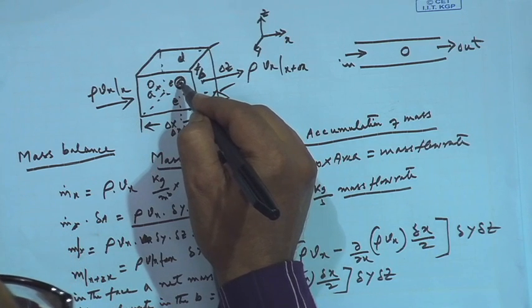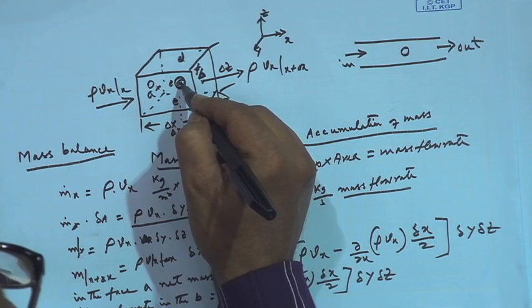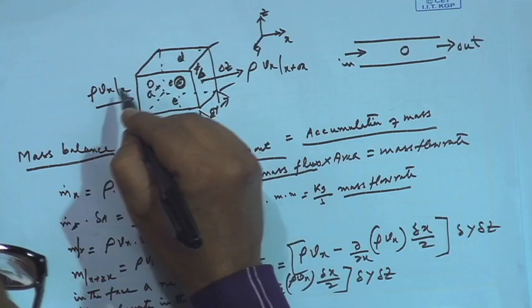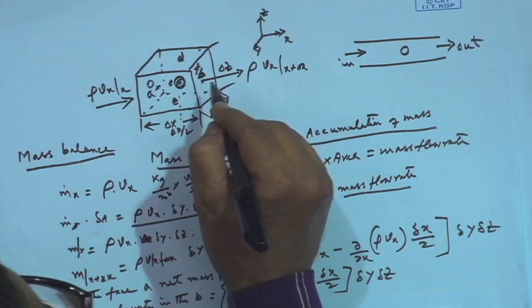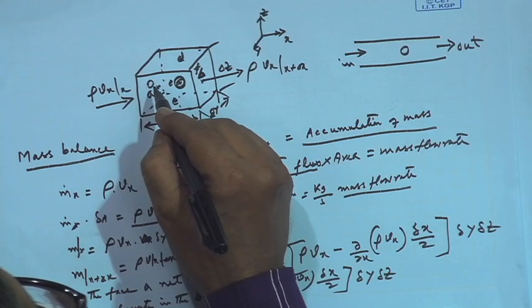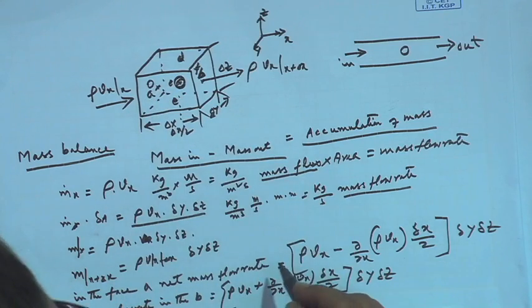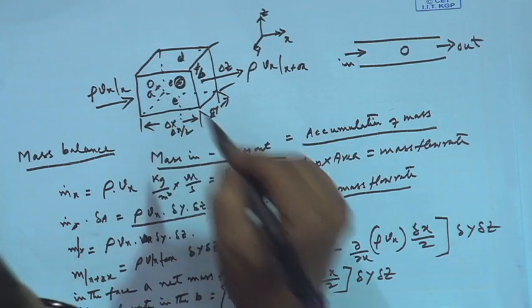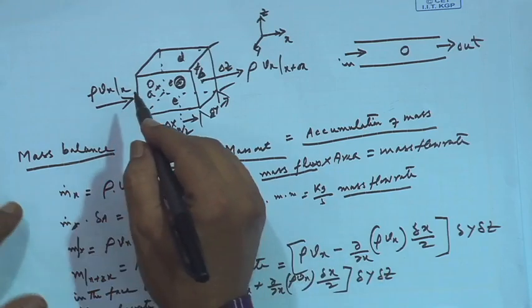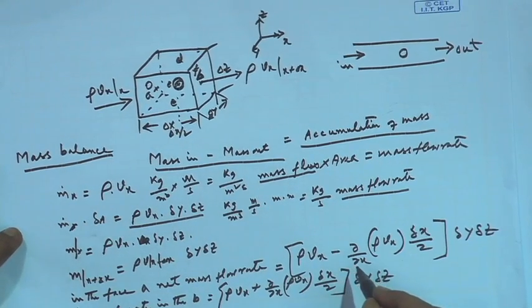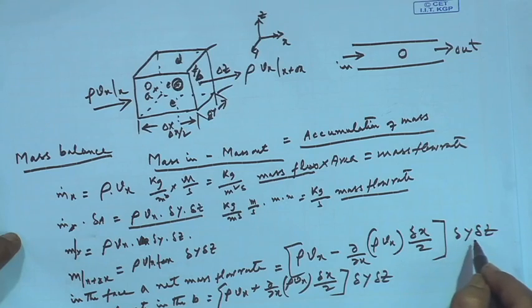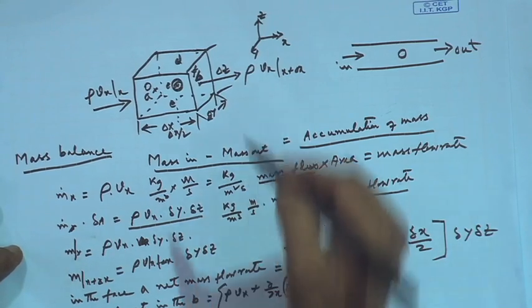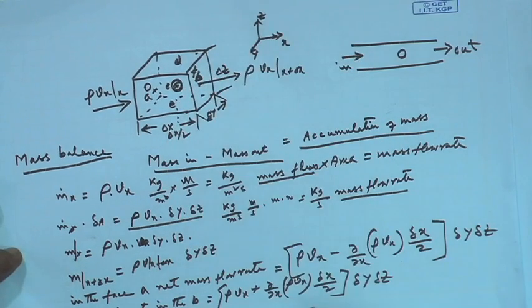Now, if we take the balance equation, or balancing point, at this center, whatever is coming here and whatever is going out from here. So what we are getting is, yes, rho Vx which has come, but what did not come is del x of rho Vx del x by 2 del y del z, at the face A, right.